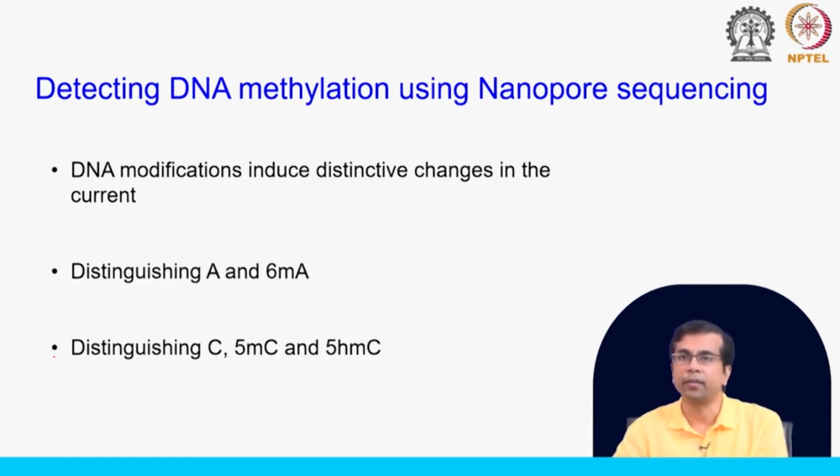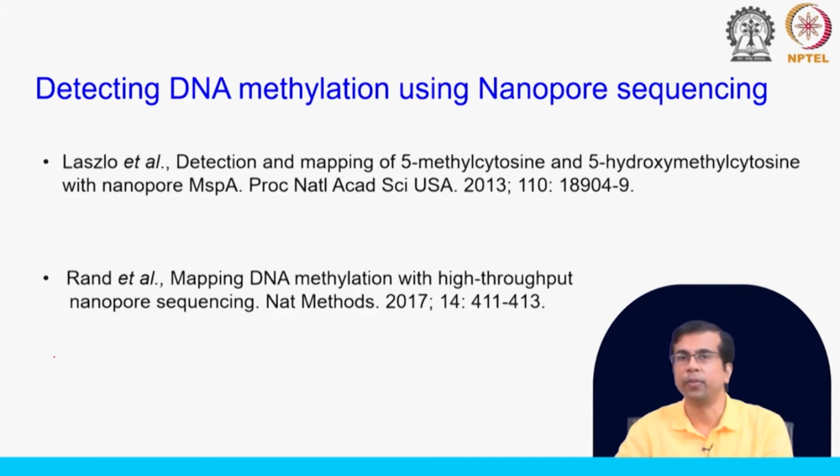This has been used for distinguishing A and 6-mA, as well as distinguishing C, 5-mC and 5-hmC bases. Here are two papers looking at this detection and mapping with nanopore for these different types of modifications. You can go and look into their data, and how these current signals are different from each other.